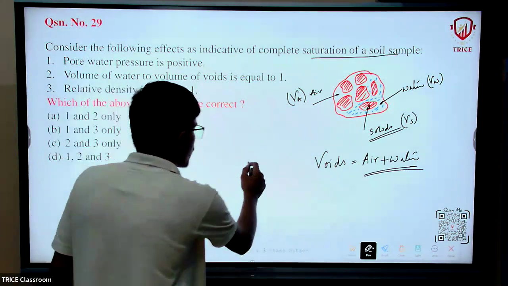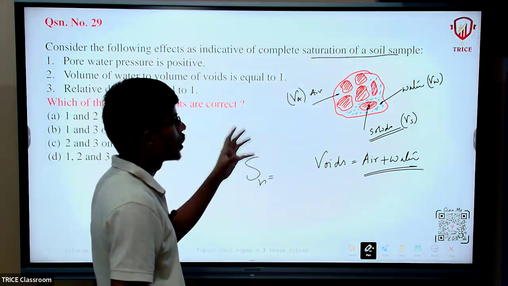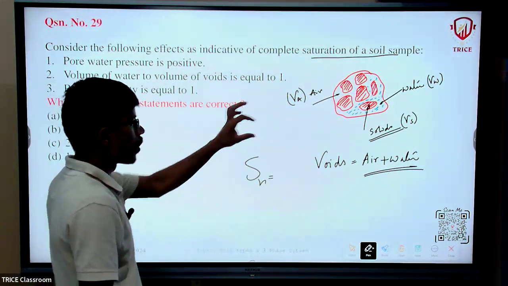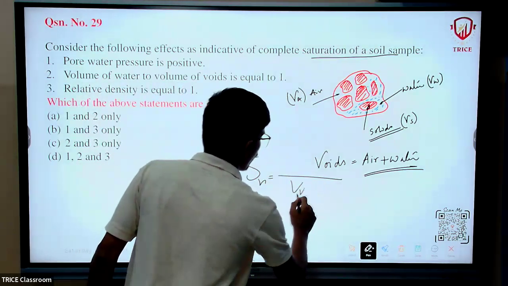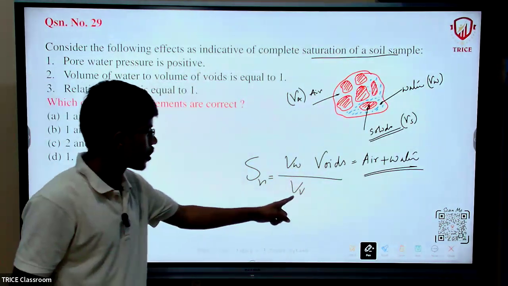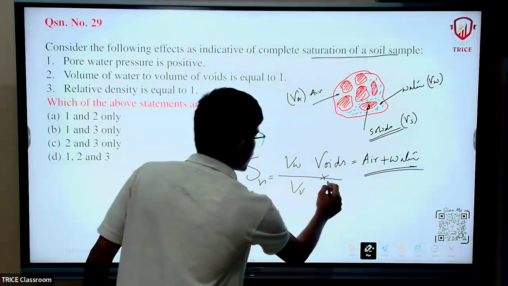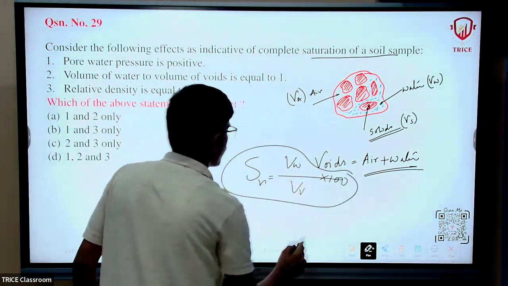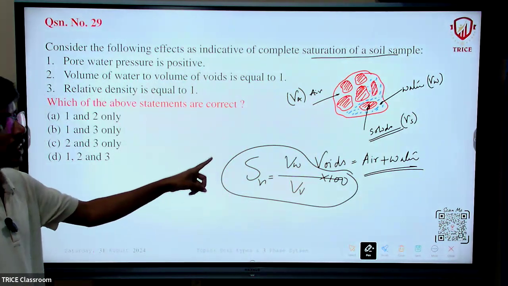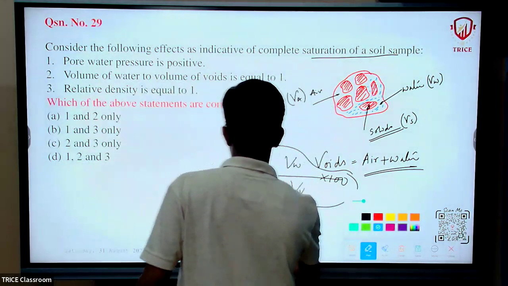Degree of saturation can be defined as follows. We have the total volume, under which we take the solids as constant. In the voids, how much water is present in the void spaces, we can express as a percentage. This is the saturation. For complete saturation, the entire voids are filled with water.